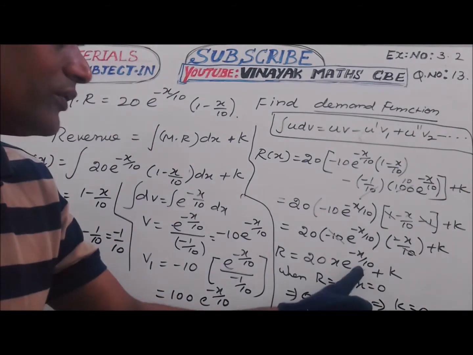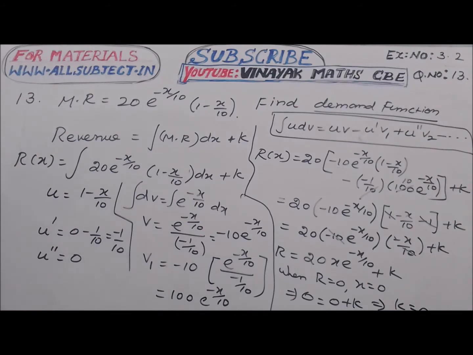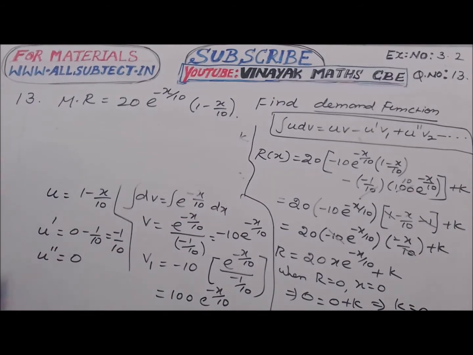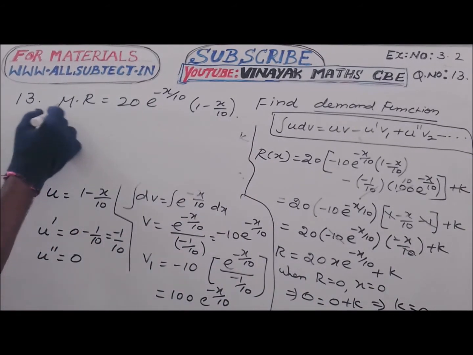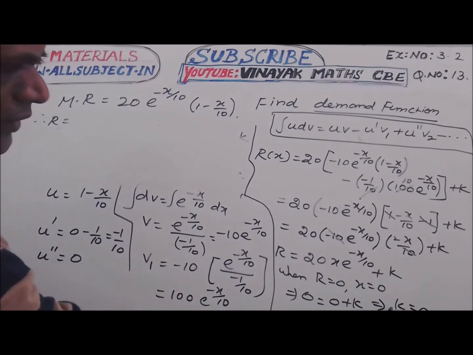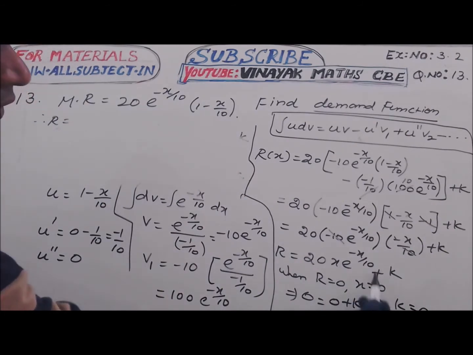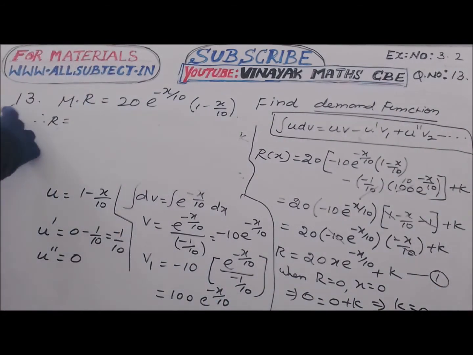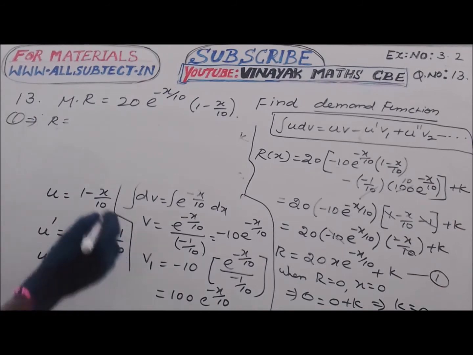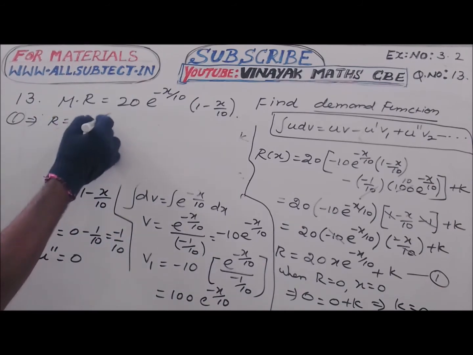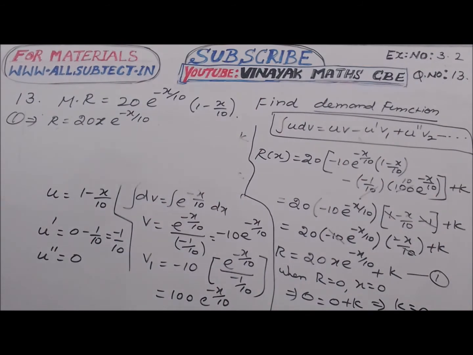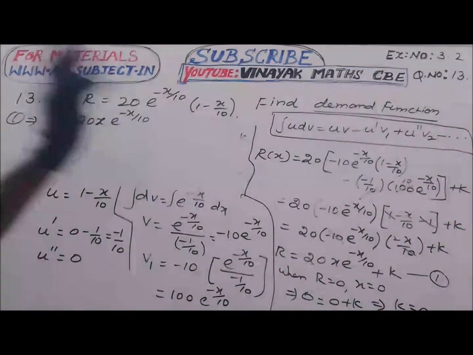Therefore, substituting k equal to 0 in the above, we get the revenue function r equal to 20 x into e power minus x by 10, plus constant k, which becomes 0.